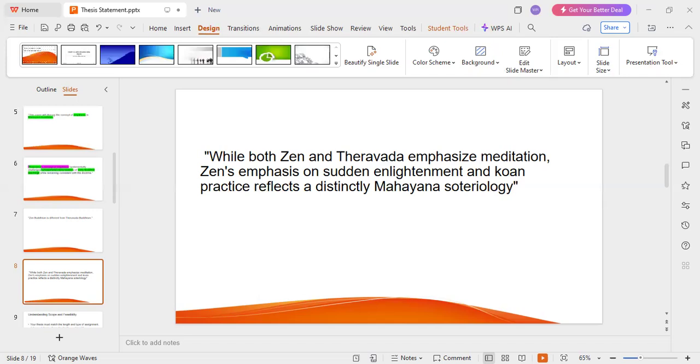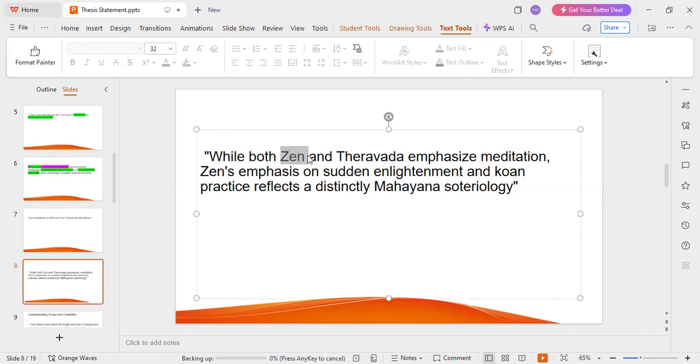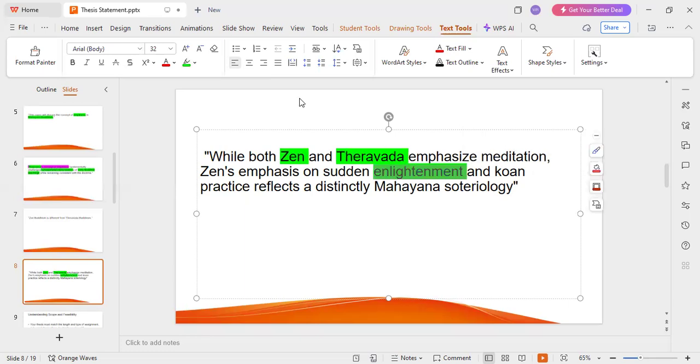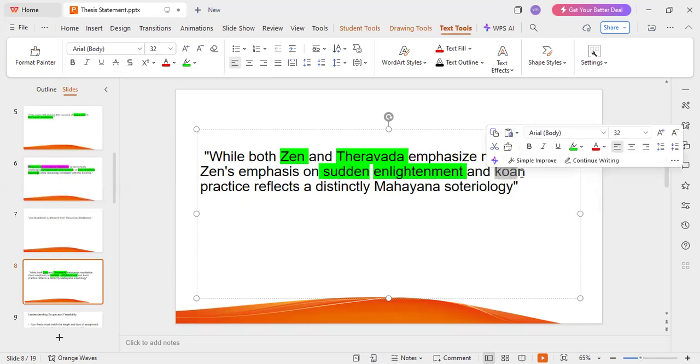And even when you consider the keywords, you can see several keywords here, right? You can refer to different keywords when you engage in the literature review if you are researching this specific topic. So here Zen would be one keyword, and also Theravada tradition, enlightenment, and you can specify sudden enlightenment as well, and also Kon practice.